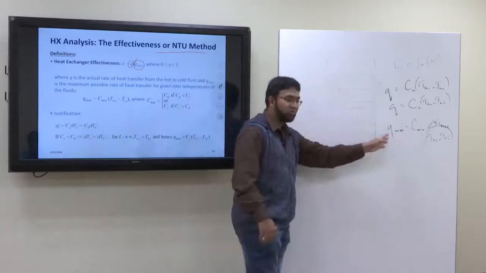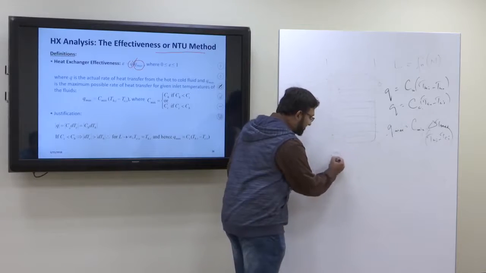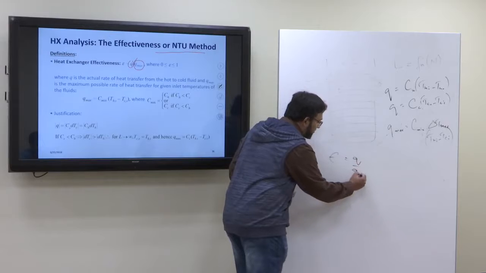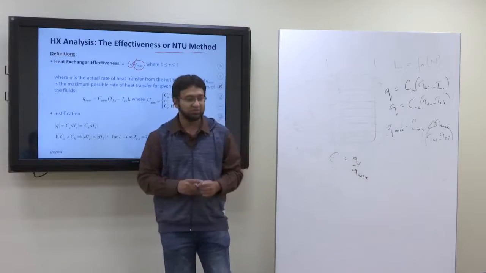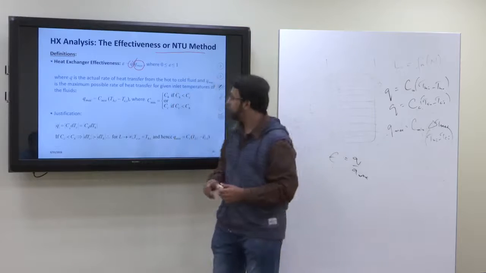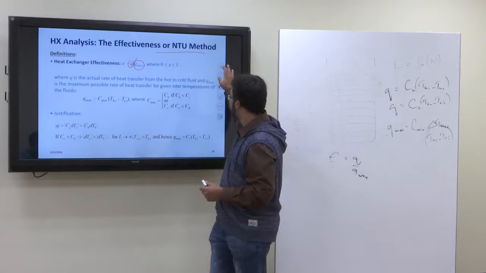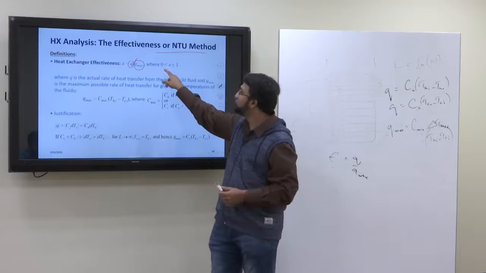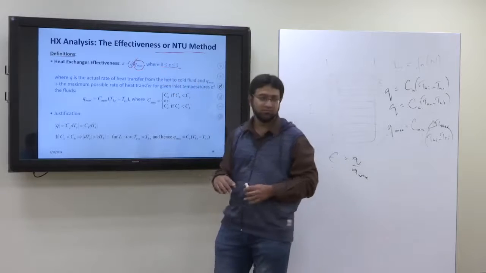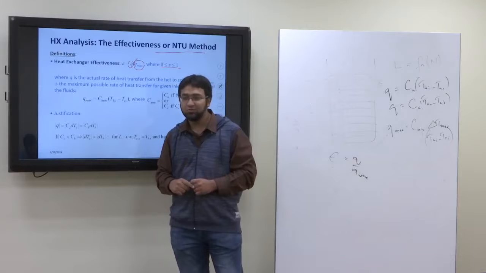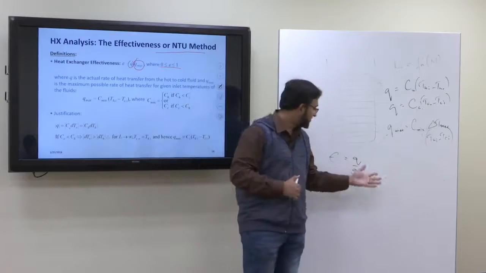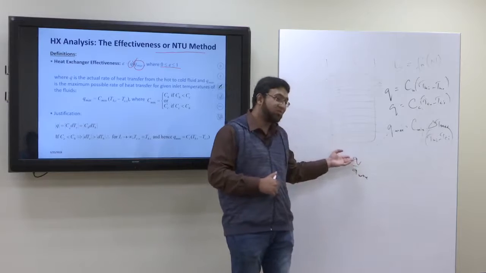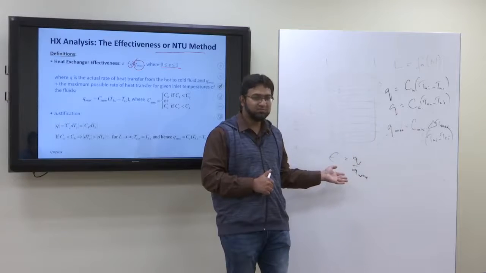If you know Q max, you can find out the effectiveness. Effectiveness is Q upon Q max. That's the effectiveness of heat exchanger. Effectiveness should be between 0 and 1. It can never go greater than 1. Greater than 1 means what? Q, the amount of heat transfer, is more than the maximum possible? It's not possible.